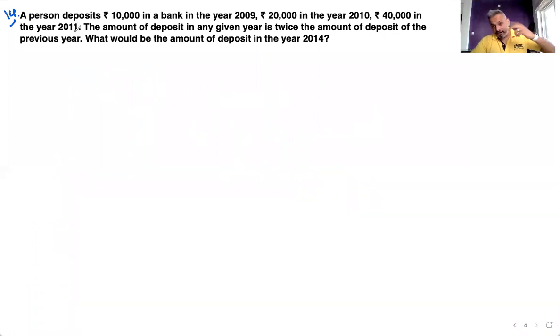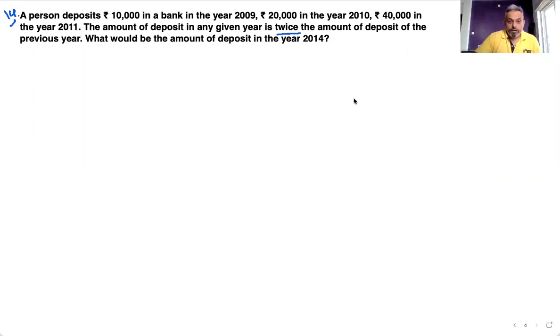So you can see increase हो रहा है, double हो रहा है. The amount of deposit in any given year is twice the amount of deposit of the previous year. What would be the amount of deposit in the year 2014?